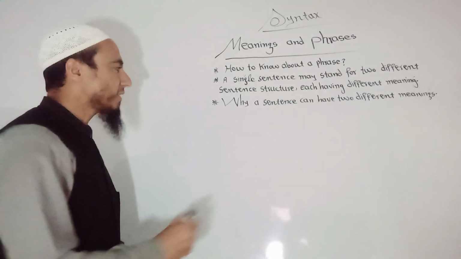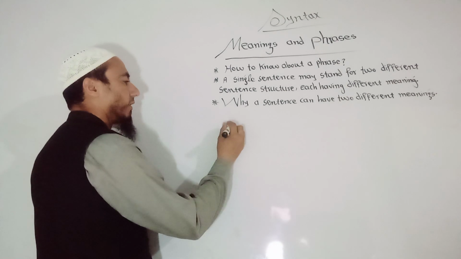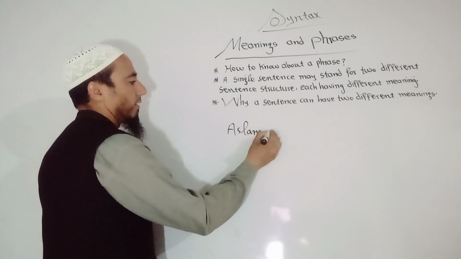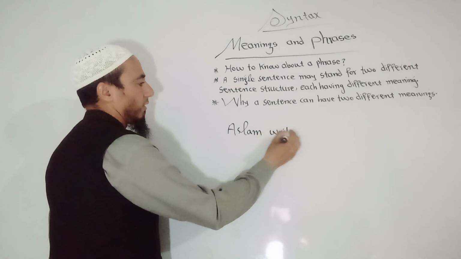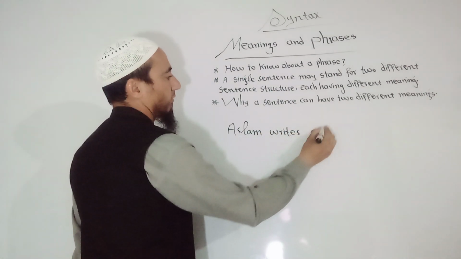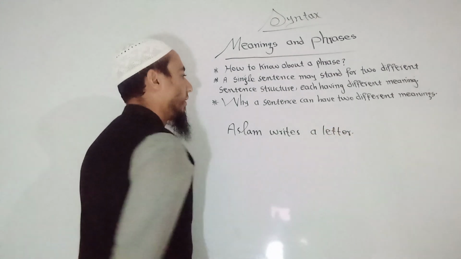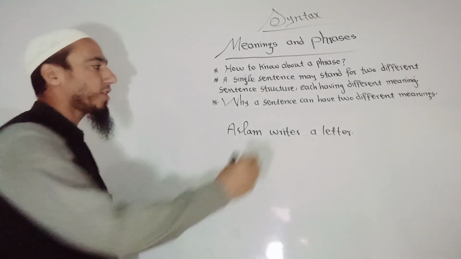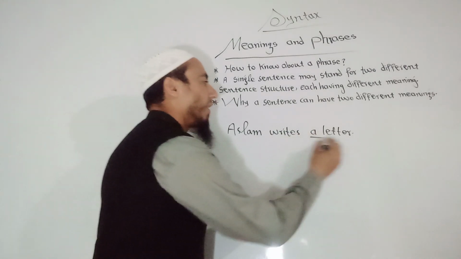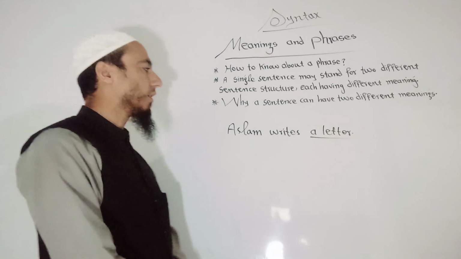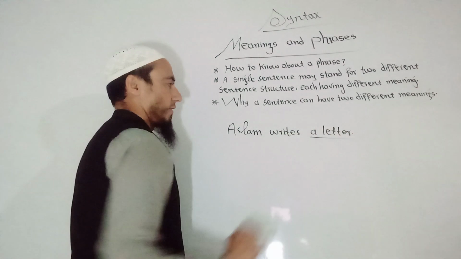For example, I'm writing a sentence. Aslam writes a letter. Now listeners and audience, you see in this example, a letter is what? It is a phrase. It is a group of words.